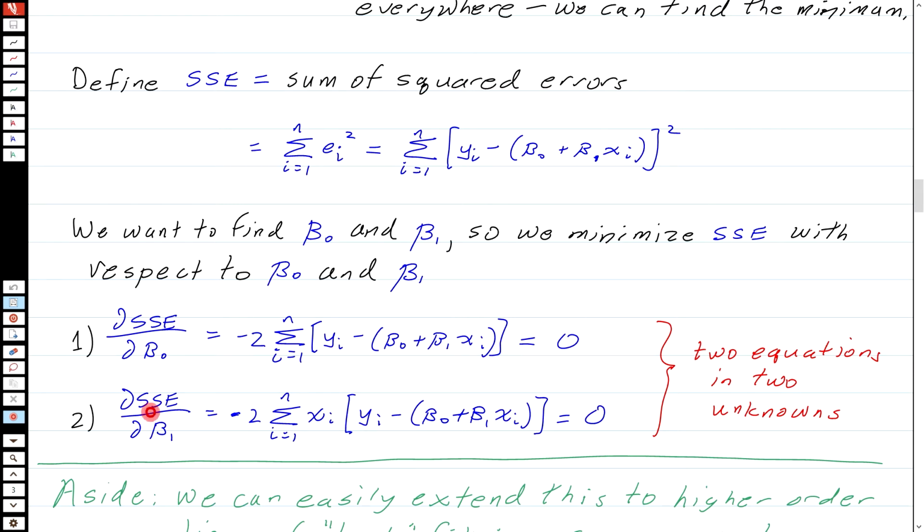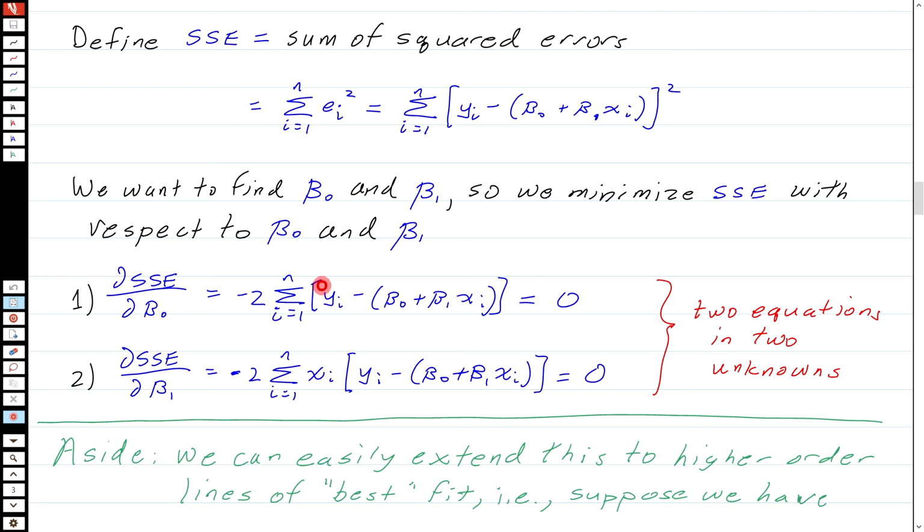The derivative with respect to beta 1, the 2 comes down in front again, and we've got a beta 1 times minus xi. So there's a minus xi coefficient here that comes in here. So we got minus 2 xi, and then the contents of the square brackets again in here. And we set this equal to 0. Okay, so there's our two equations.